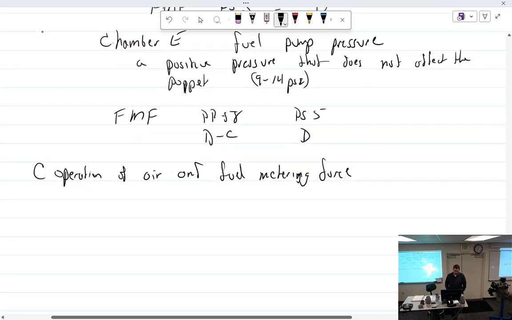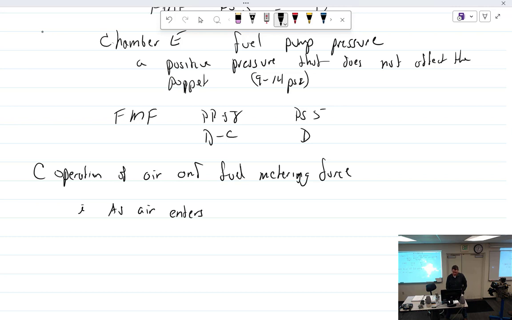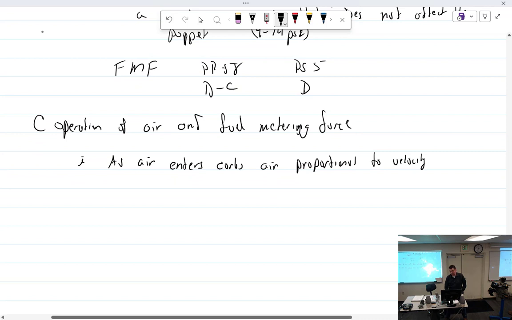As air enters the carb, air proportional to velocity hits the impact tubes.